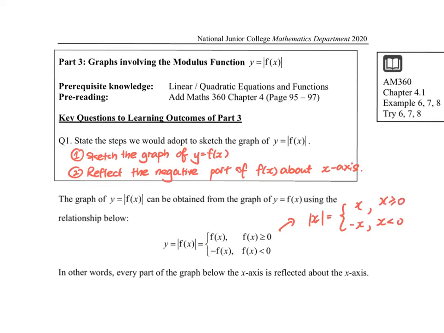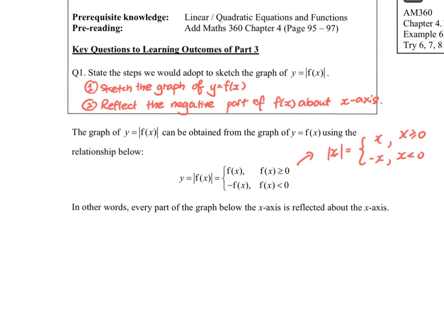It's the same for modulus of f(x). If f(x) is positive, then we just take the f(x) value itself, and if it's negative, then we take the negative of the negative of f(x), which will become positive again. So in other words, every part of the graph that is below the x-axis will be reflected about the x-axis.